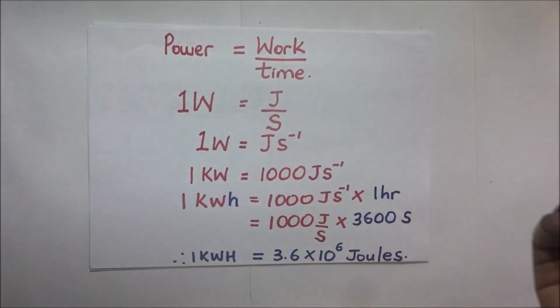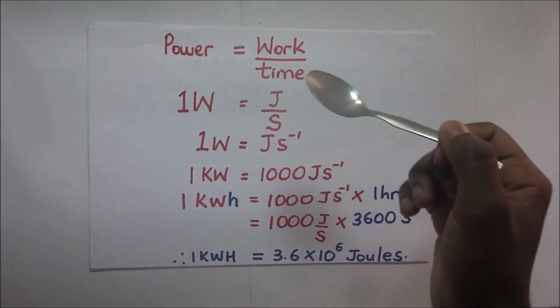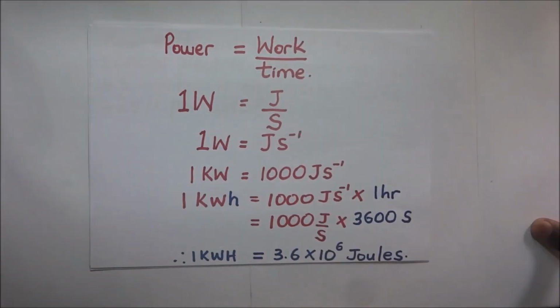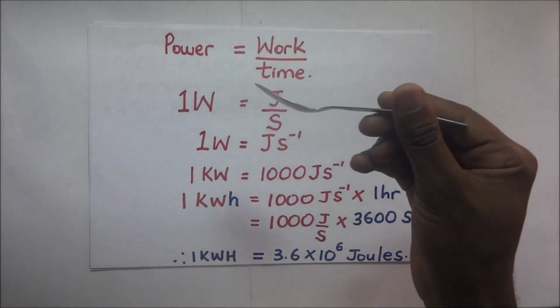But you see, we use so many watts of electricity every other day, and it would become tedious for the electricity company. We already determined that electricity flows in terms of watts, and 1 watt of electricity is 1 joule per second. So just imagine that that watt, or that joule per second, is like this spoon.